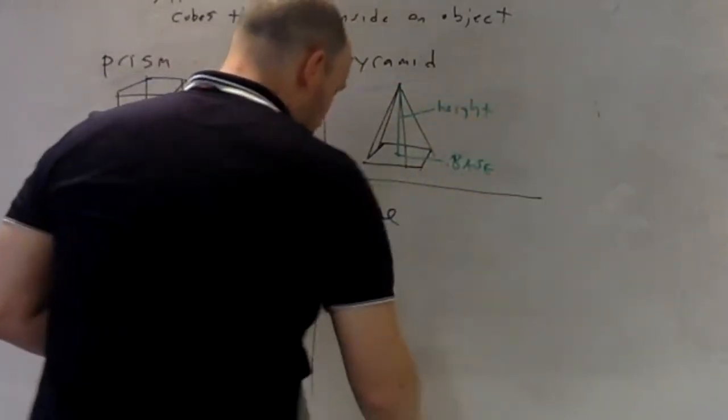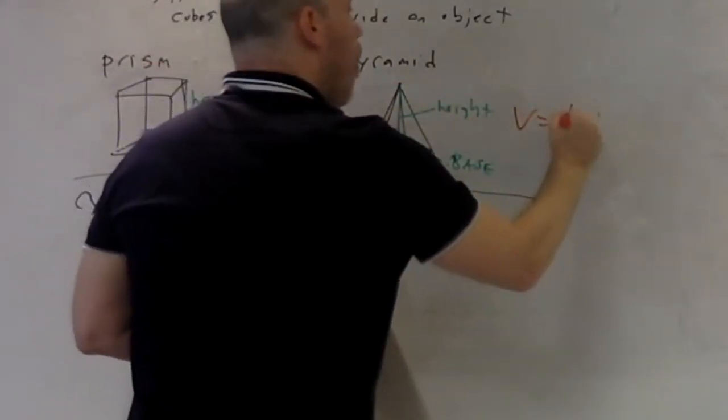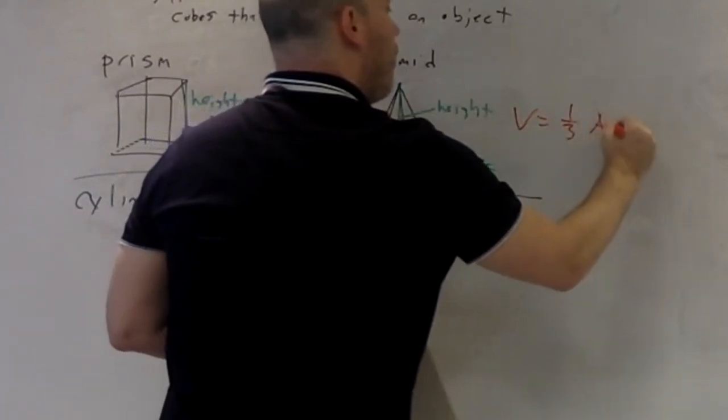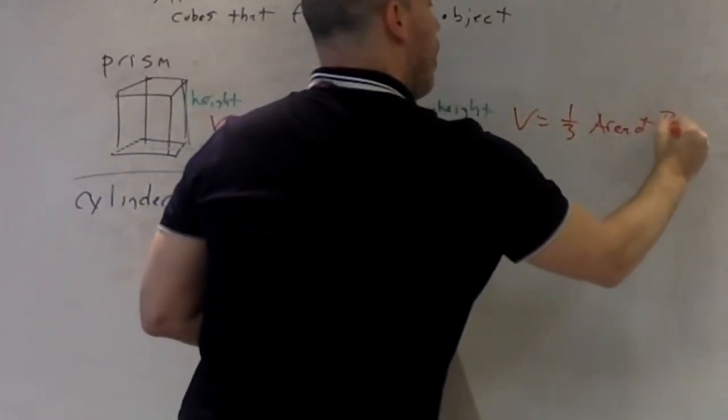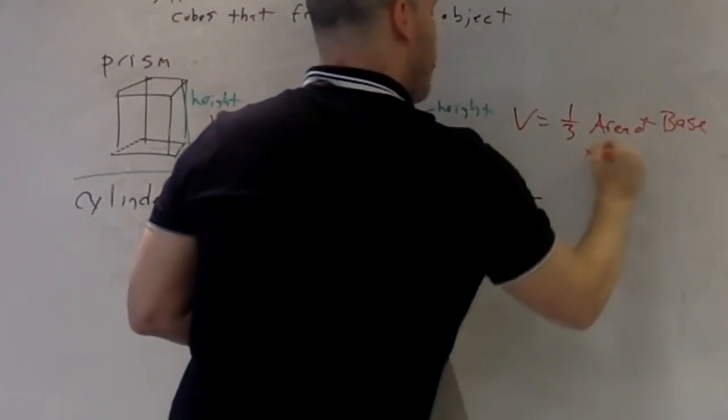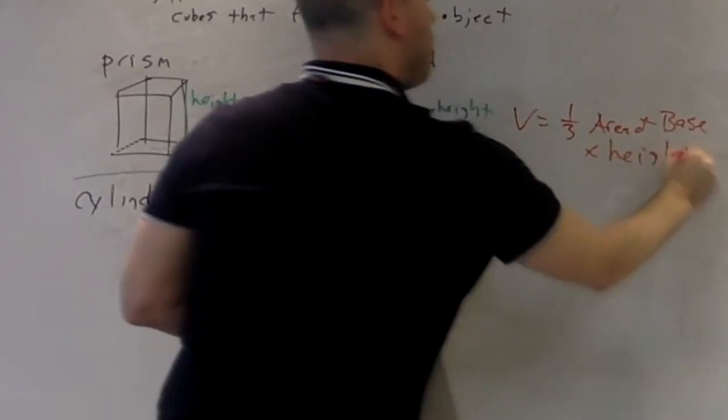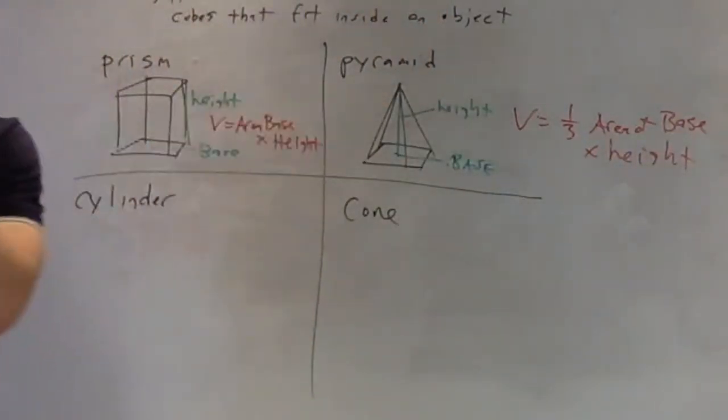And the volume is simply, this is kind of cool, 1/3 area of base times the height. That's the connection. That's it. I make it very easy for you.